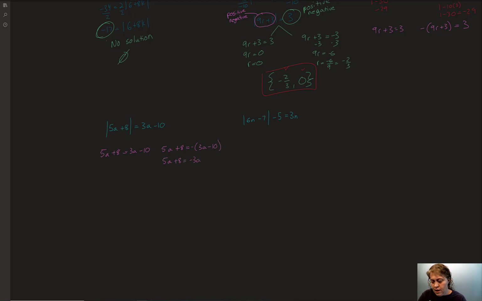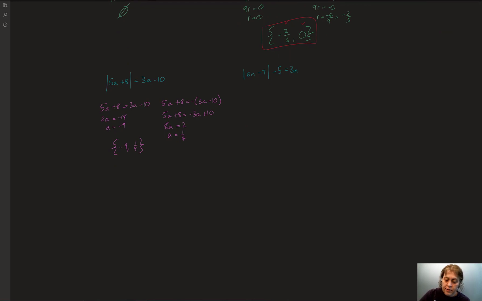Moving that over here, that gives me 8a equals 2, right? If I subtract the 8 over there, yeah. So a is equal to a fourth. And then bringing that over here, this would be 2a equals negative 18, or a equals negative 9. So negative 9 comma 1/4, we think, but we have to check our answers.